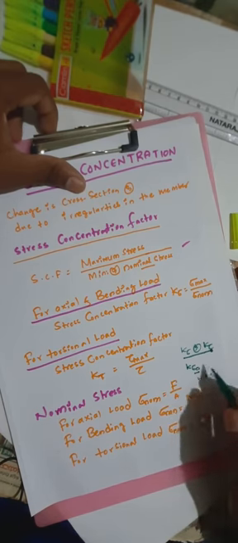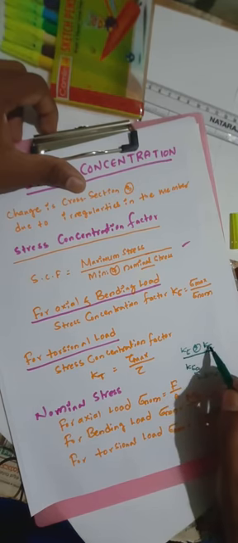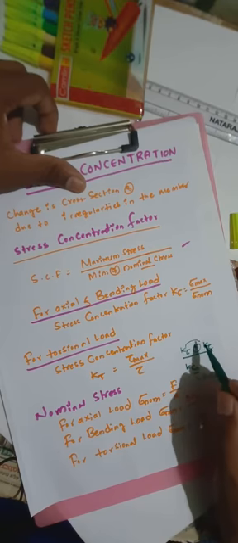And the type of loading, and it's different from the theoretical stress concentration factor. K sigma or K tau, these two are the theoretical stress concentration factors. They depend on the type and size of the discontinuity.